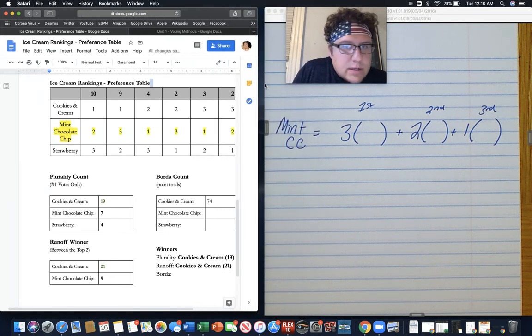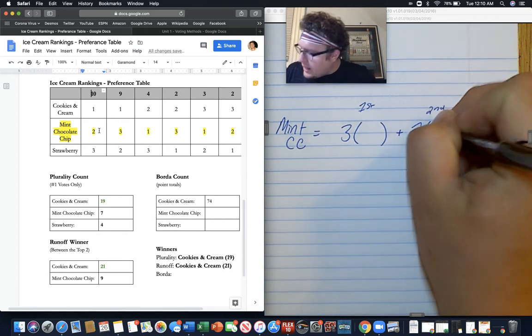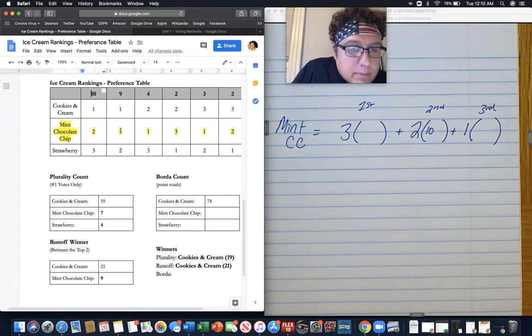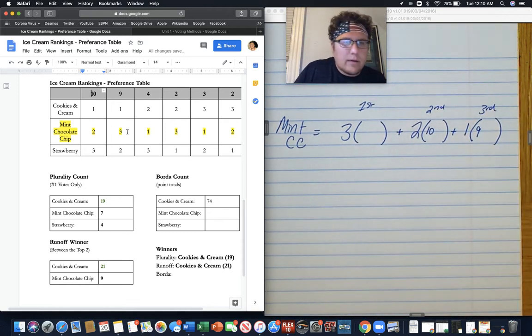So mint chocolate chip. These 10 people said mint chocolate chip was their second choice. So we're going to put those 10 right here. 9 people said mint chocolate chip was their third choice. So we're going to do 9 over there.